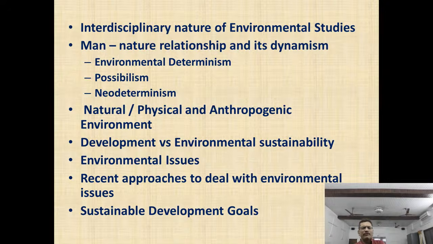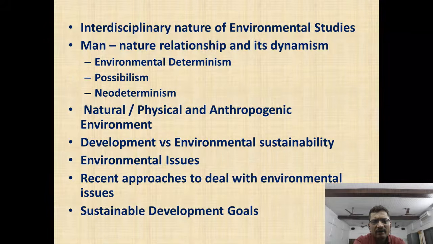In the past couple of years, we have come across very global efforts under the banner of the United Nations Development Program. At the global level, 17 issues have been identified, including poverty and gender justice.